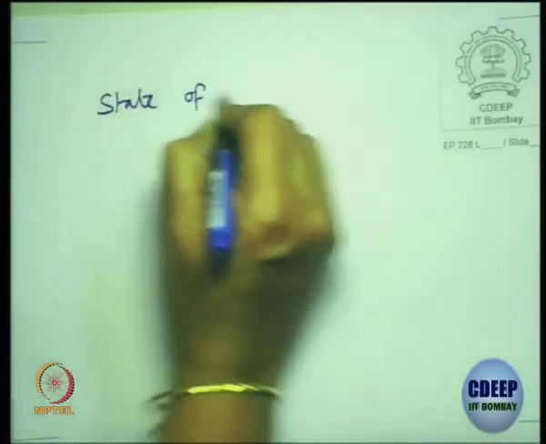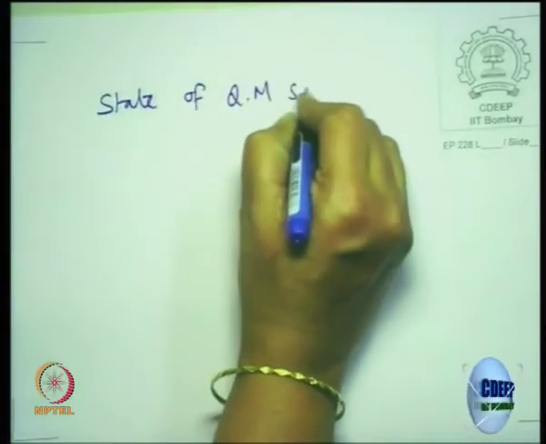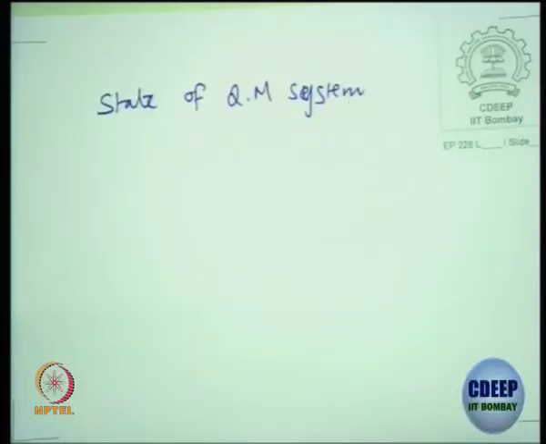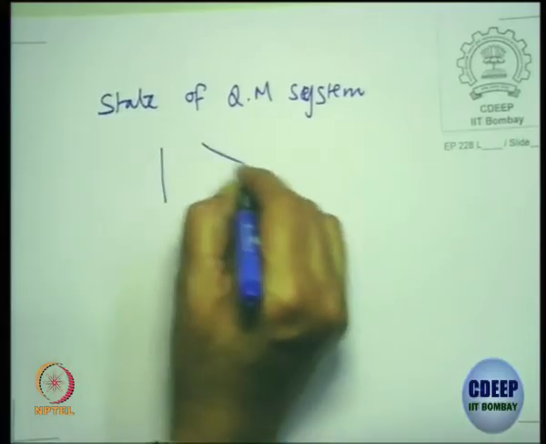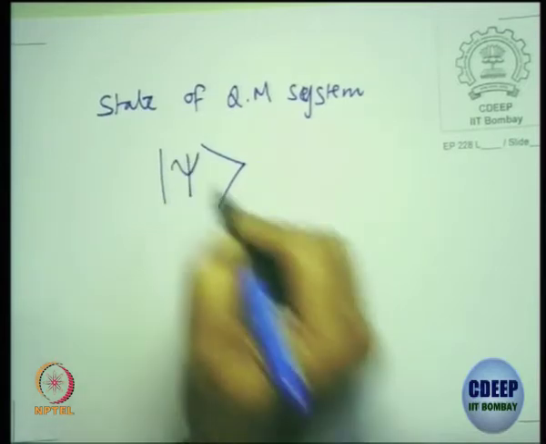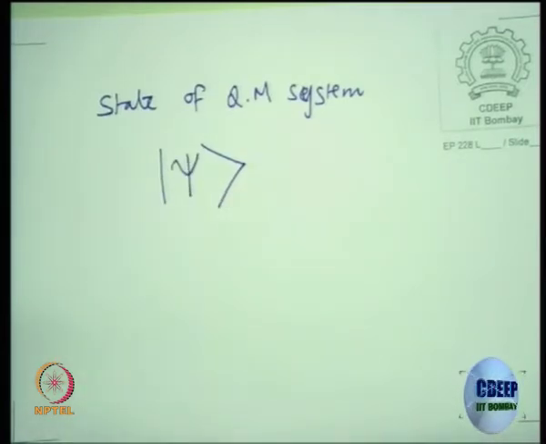So, the state of a quantum mechanical system we denote by an angular bracket with a Greek letter psi, can be psi, phi. This is a kind of notation which we are going to use.